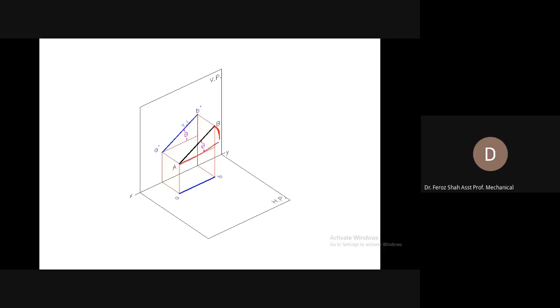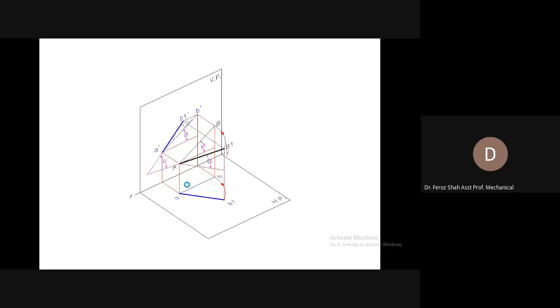Now the line would be this, and its top view will be this much from here to here. So you can see that decreasing the theta increases the length of the top view. Eventually, if you decrease the theta to zero, making the line parallel to the horizontal plane, then the top view would be exactly of the true length or equal to the length of the line.